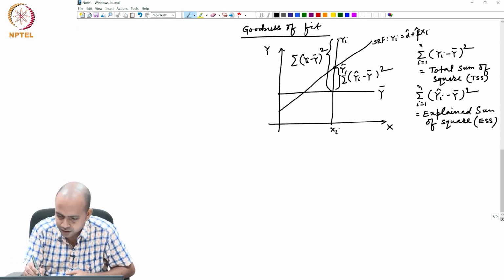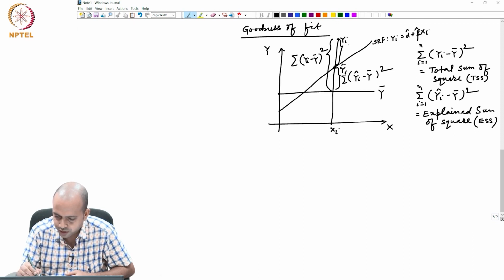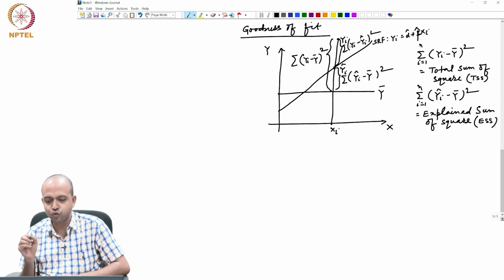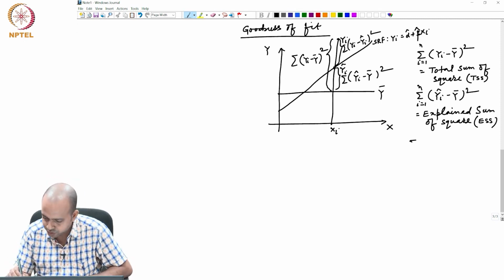And then this is the portion that you are not able to explain, that is called yi minus yi hat, and take square. That is the portion that you are not able to explain.